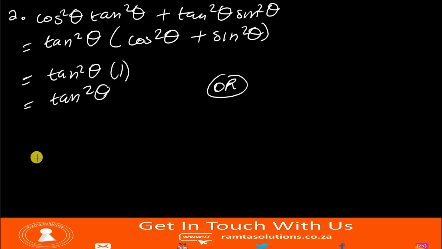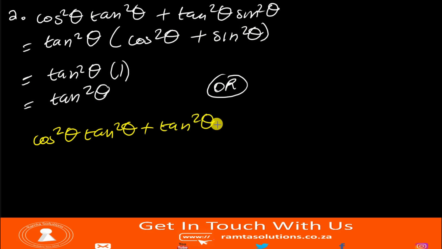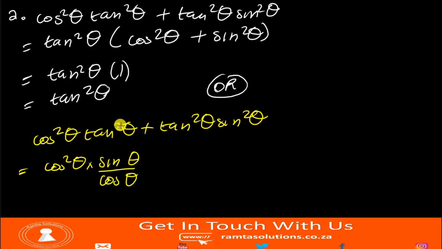You can do this. Just say cos squared theta tan squared theta plus tan squared theta sine squared theta. And say, okay, wherever I see tan, I will say it's sine over cosine. However, it's a square, so it will be cos squared theta times sine squared over cos squared, plus, again, sine squared over cos squared theta times sine squared.